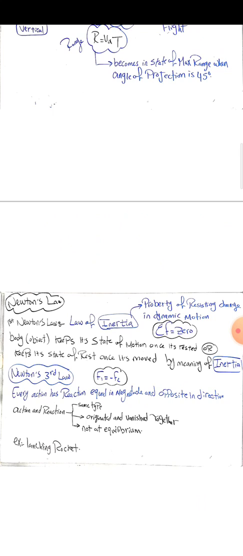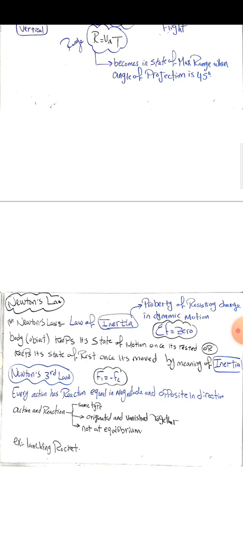Newton's second law we will discuss in the second term, as we said. Newton's third law: every action has a reaction equal in magnitude and opposite in direction. If you project a ball with a small velocity toward the wall, it will come back to you with the same velocity.